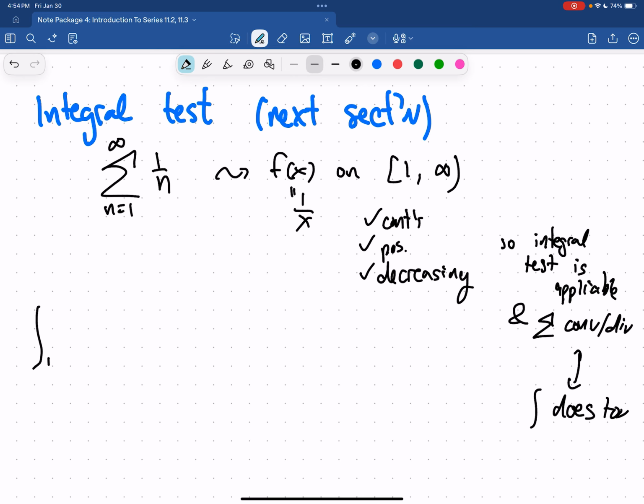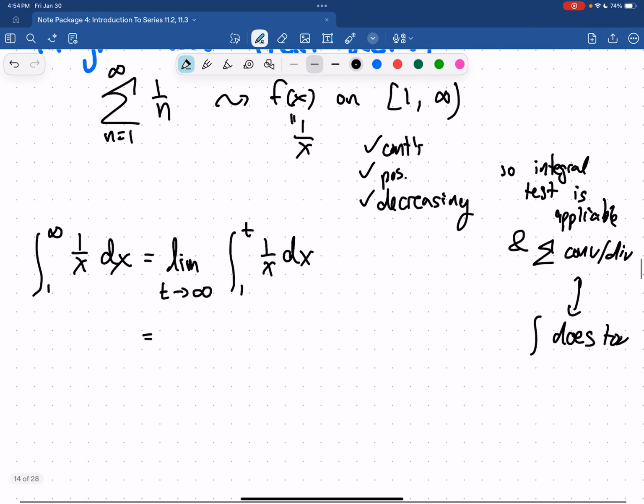Okay, so the improper integral that we're doing was from 1 to infinity of 1 over x dx. Well, and I guess now this is going to be really similar to that last integral and limit we just did. Based on what we know about evaluating improper integrals, we can replace infinity with t. And then get our antiderivative, which is just natural log of x evaluated at 1 and t.